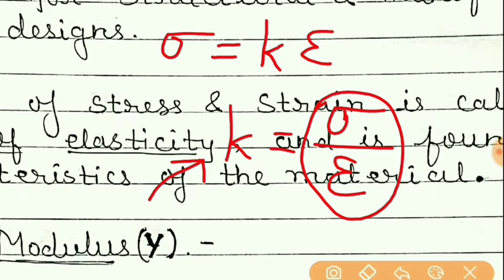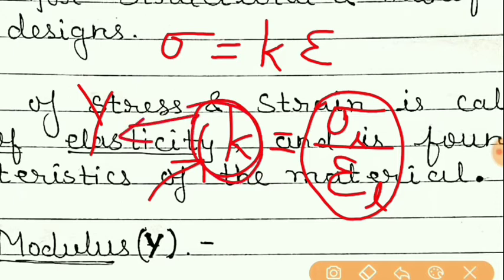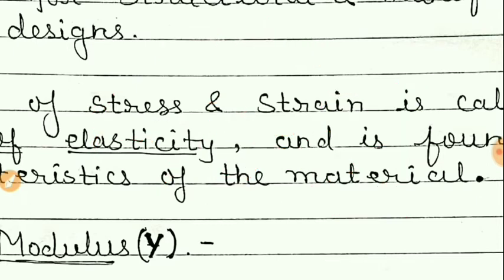So if we consider the longitudinal stress and longitudinal strain, then this constant is written as Y. The symbol for the constant is Y when we consider longitudinal stress and longitudinal strain.